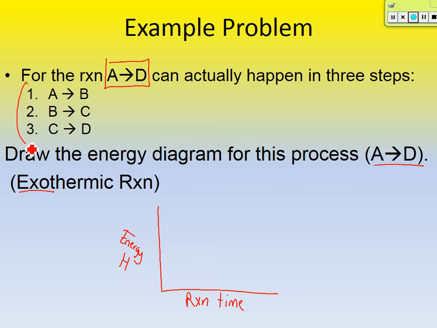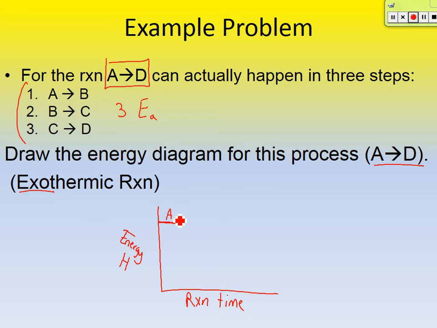So drawing the energy diagram for this reaction is a little bit different, and that's why I wanted to go over it. I always remember for 3 steps, we have to have 3 activation energies. So 3 hills.